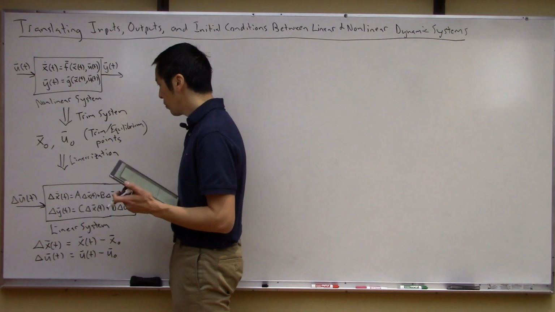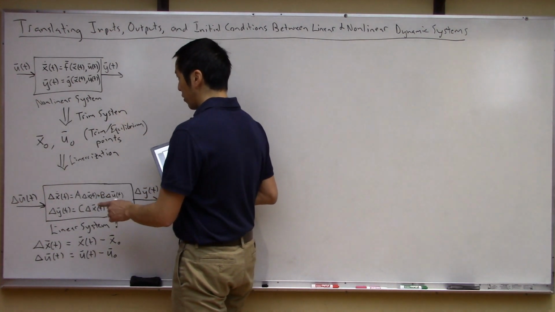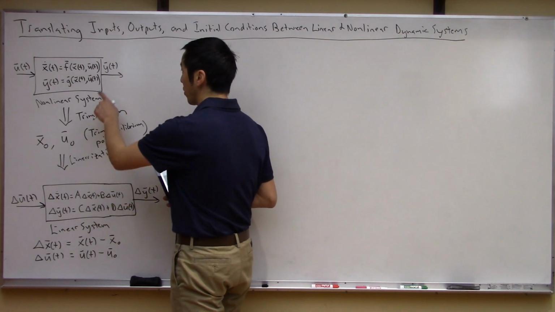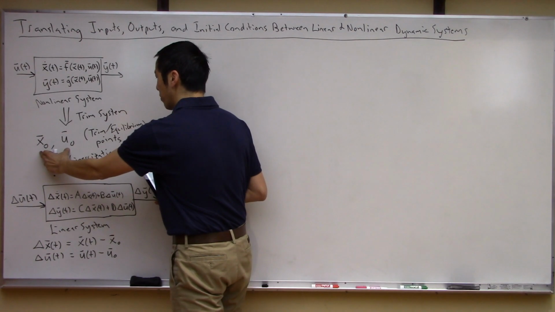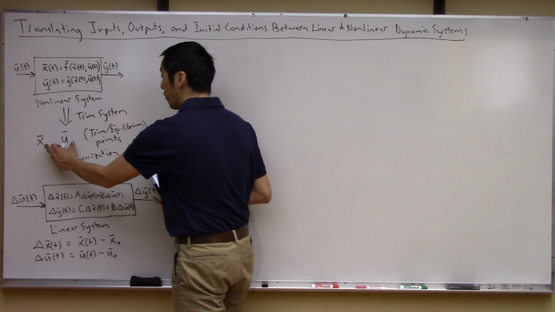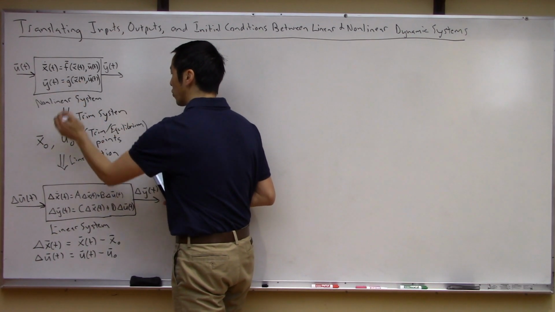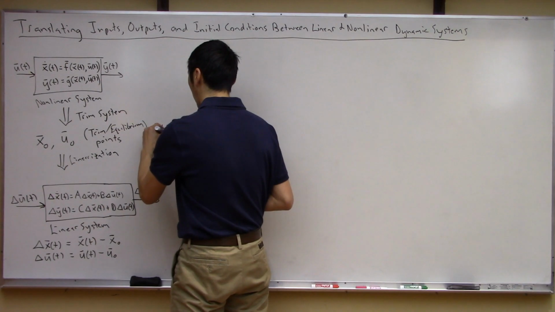Now, one thing we should mention, just for the sake of completeness, is this Y signal. The trim point of the equilibrium is the trim states and controls. But if you plug this into your equation, this also generates a Y naught.